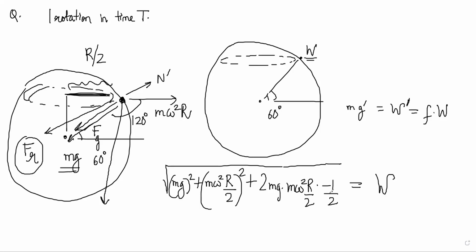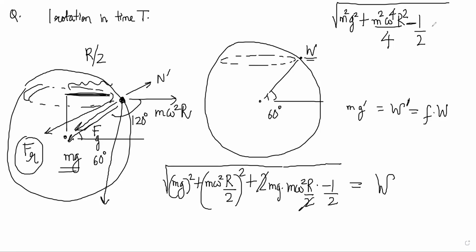So if we simplify that a little, m square g square plus m square omega power 4 r square by 4, and this becomes minus half m square g omega square r, right?